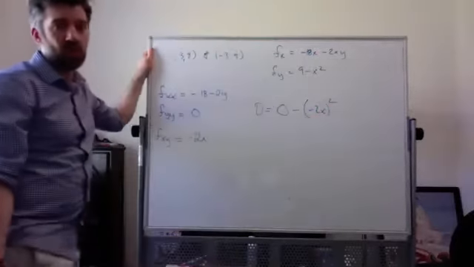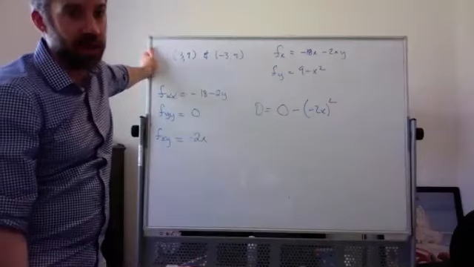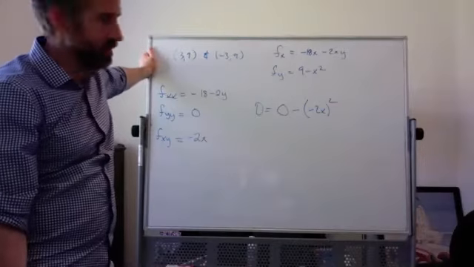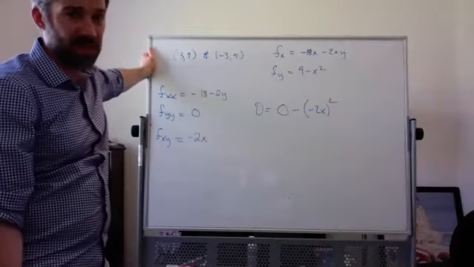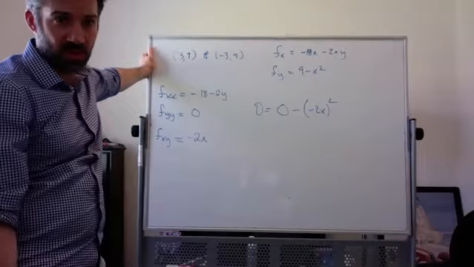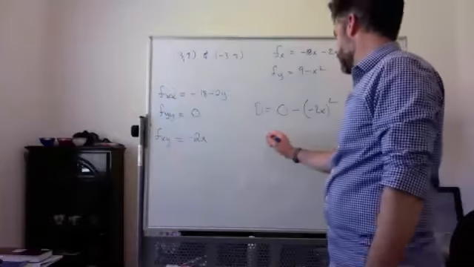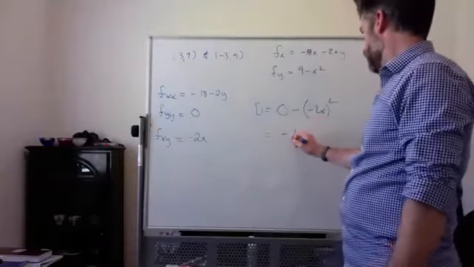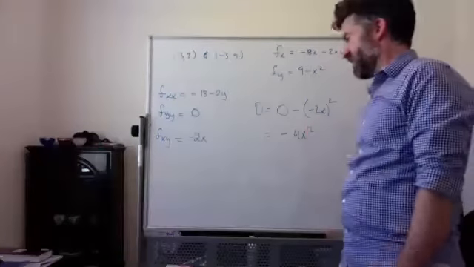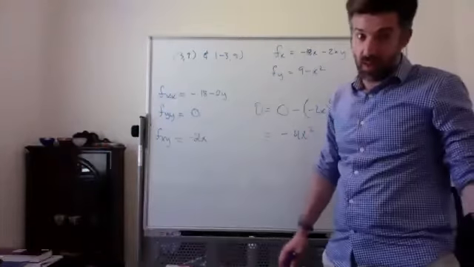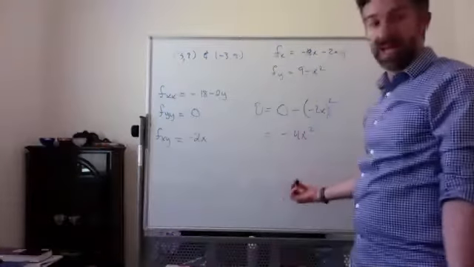Now, here's what you should see right away. My D is always going to be negative or 0, right? There is no way this can be positive. This is equal to negative 4x squared. But whatever x is, unless it's 0, this is going to be negative.